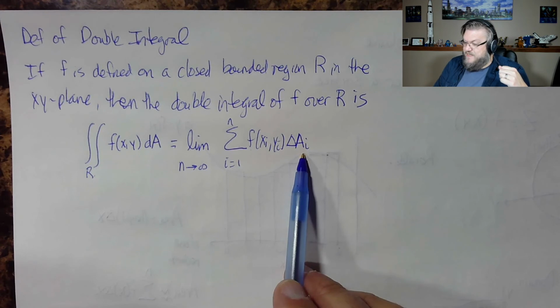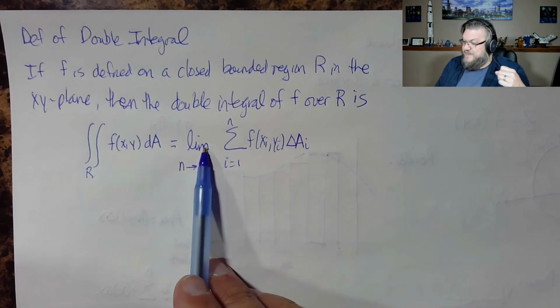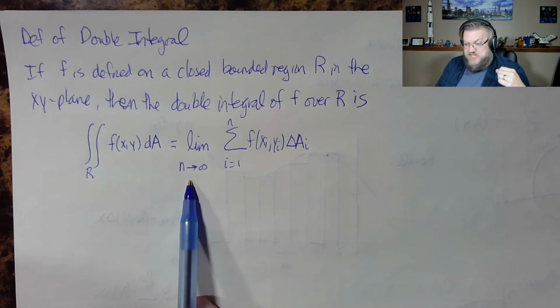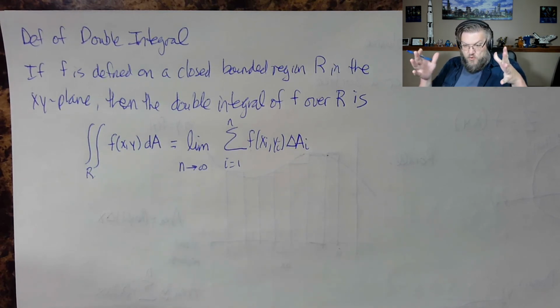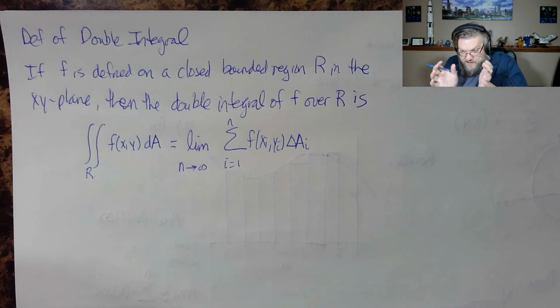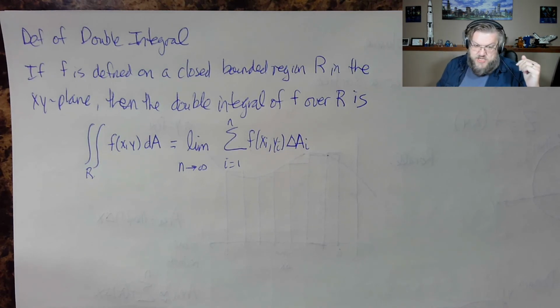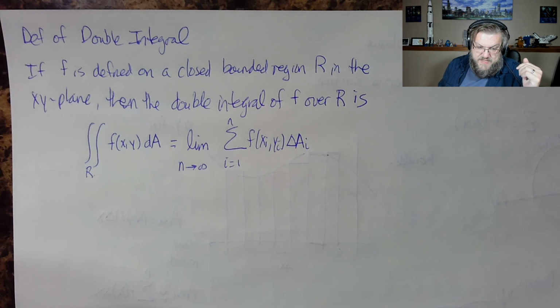You add up those n boxes, and then ultimately, to get a better and better approximation, you push n to infinity. So you squeeze more and more boxes, shrinking the delta x, shrinking the delta y. So you get more and more, and it sort of conforms to the shape more and more as you have it. Okay? So we have this double integral idea.